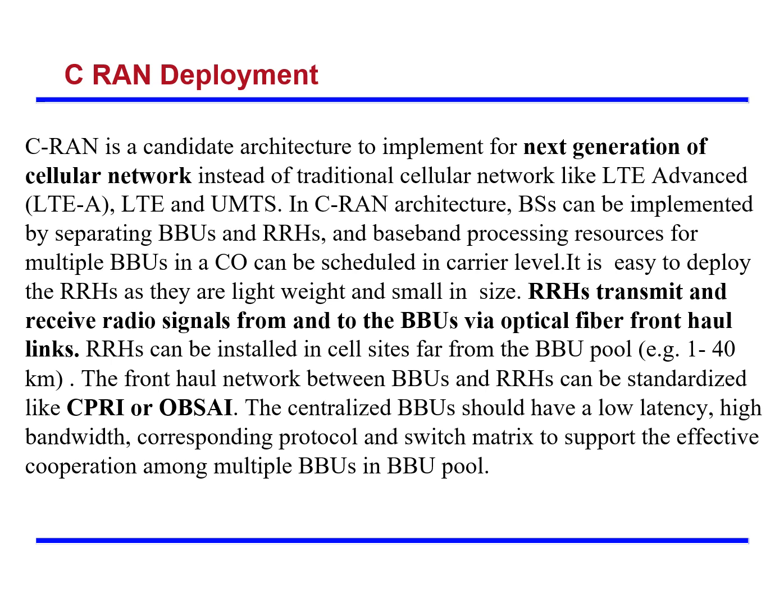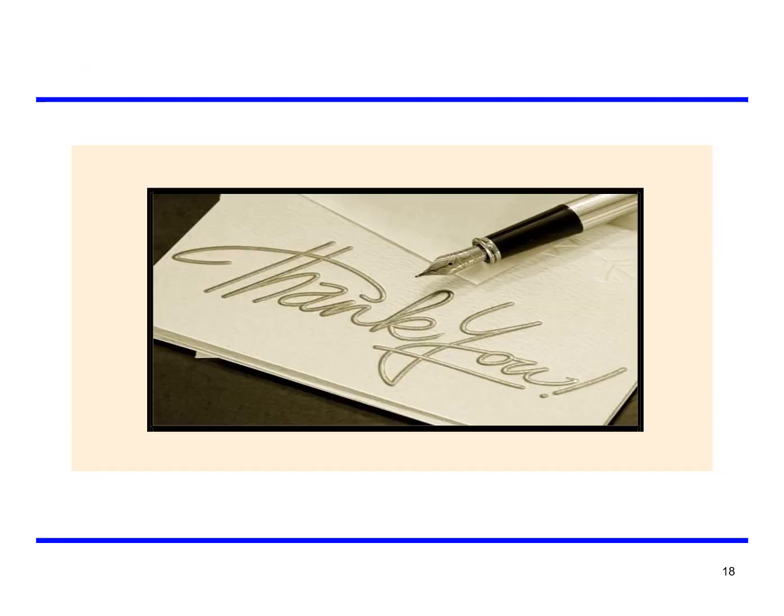The fronthaul network between BBUs and RRHs can be standardized like CPRI or OBSAI. The centralized BBUs should have a low latency, high bandwidth, corresponding protocol and switch metrics to support the effective cooperation among multiple BBUs in the BBU pool.